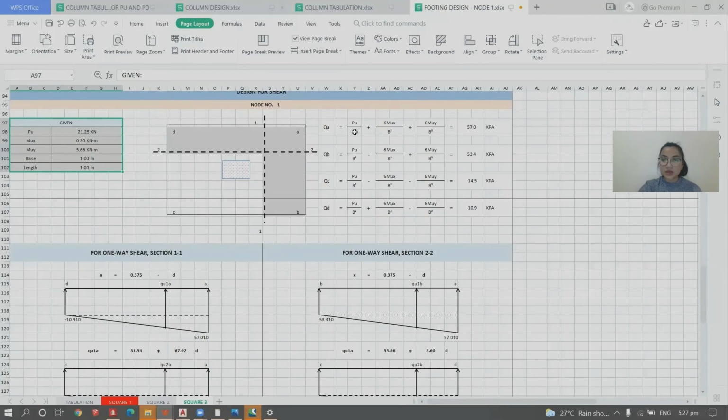So QA equals PU over B squared plus 6MUX over B cubed plus 6MUY over B cubed, equals 57 kPa.